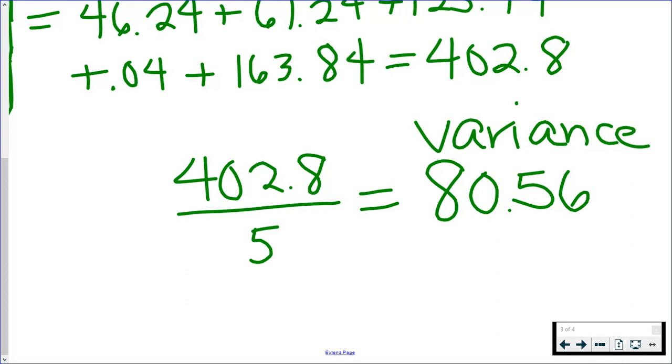The notation for variance is sigma squared. Once you have your variance, you are one step away from your standard deviation.